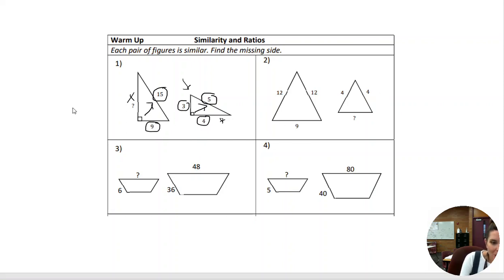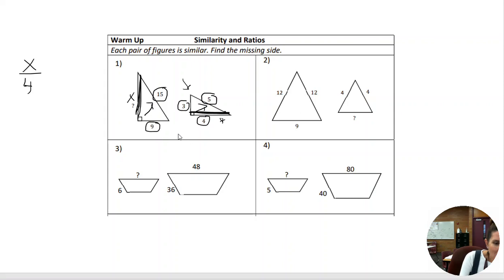So there are a bunch of different ways you can write proportions for this. I'll show you a few of them. You just have to make sure that when you do them, you use corresponding sides. So we want to know the longer leg, so the longer leg over the length of the longer leg on the smaller triangle. That would be x over 4. Okay, so this side right here corresponds with this side over here, so we're going to set that up as a ratio.